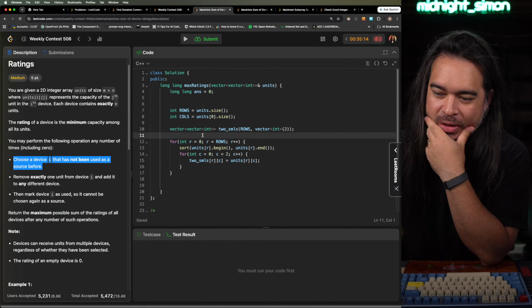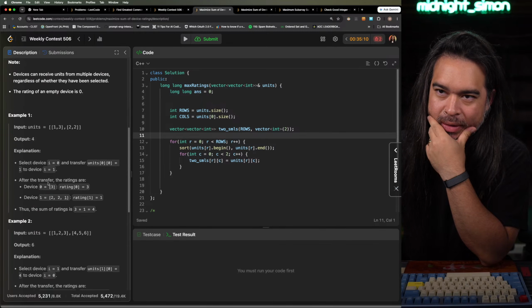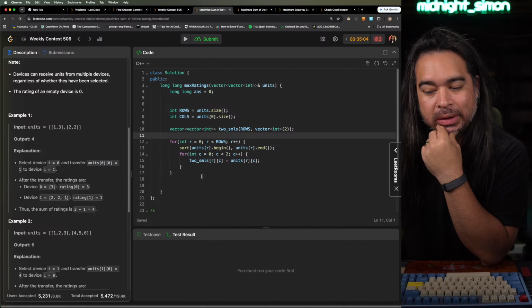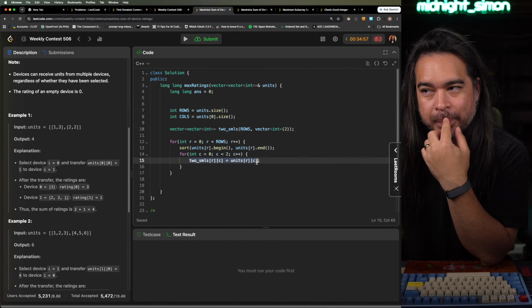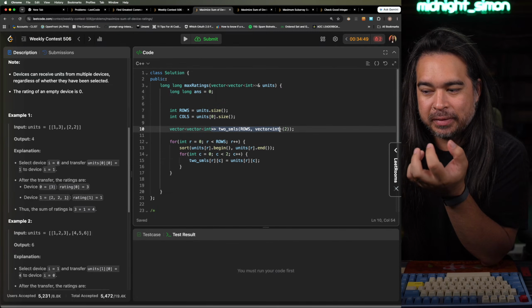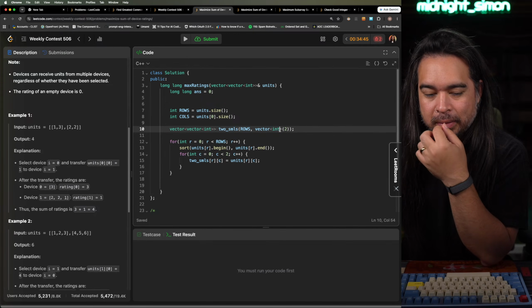Why wouldn't I just take the top half, why wouldn't I just do that? Take the second smallest in the top half. No.